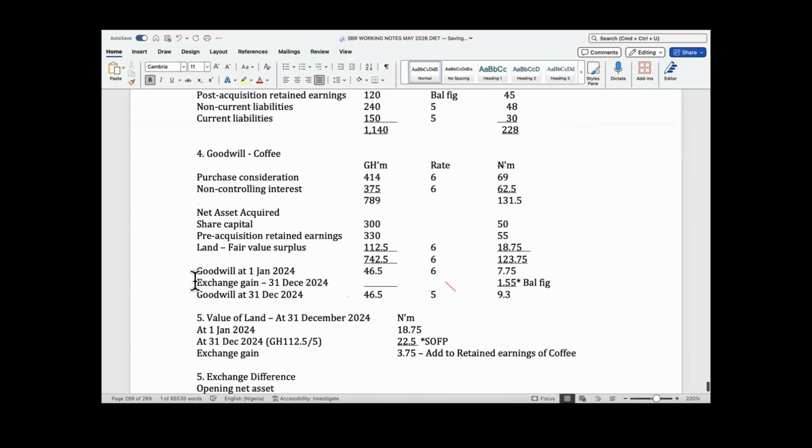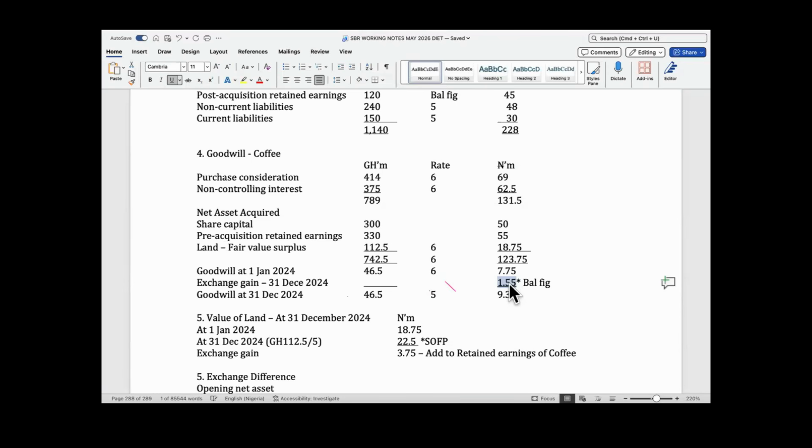Then there was exchange gain of coffee. And this exchange gain, ordinarily, goodwill belongs to parent. But where NCI is measured at fair value, it belongs to the two of them. NCI will get a share of that.